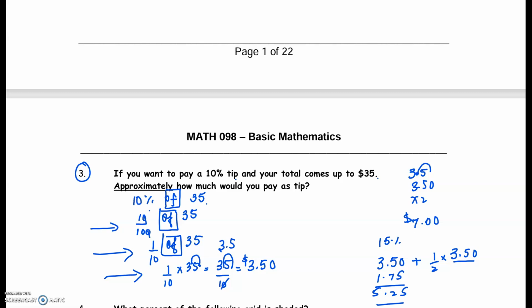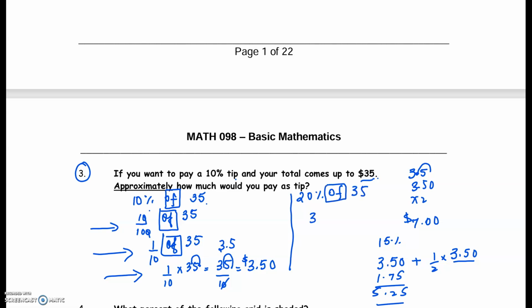So if you have to pay 10%, then that would be $3.50. Now calculating a 20% tip is simply doubling this amount.